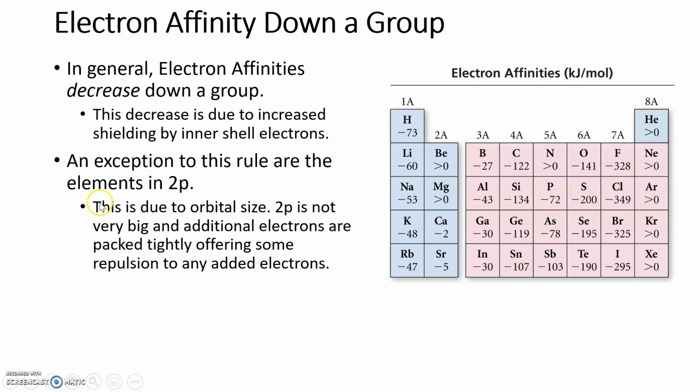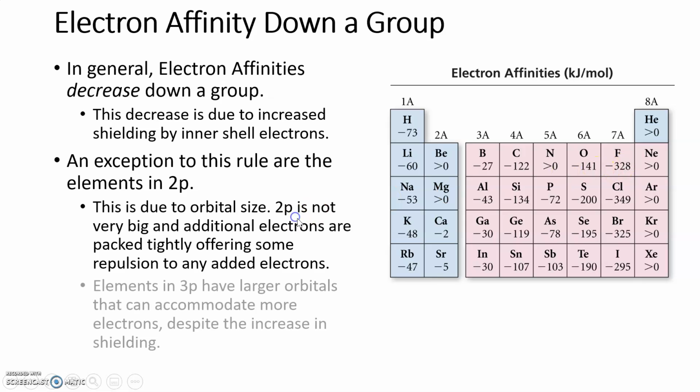You're squishing them together, and therefore there's some repulsion between these electrons. By the time you get to the 3p, that's aluminum, silicon, phosphorus, sulfur, the 3p is a little bit larger orbital. There's more room for those negatively charged electrons, and therefore there's more relaxation, more energy released when an electron joins one of those atoms.